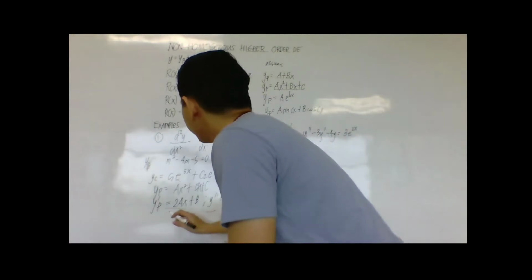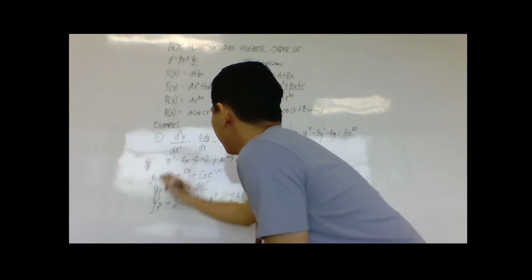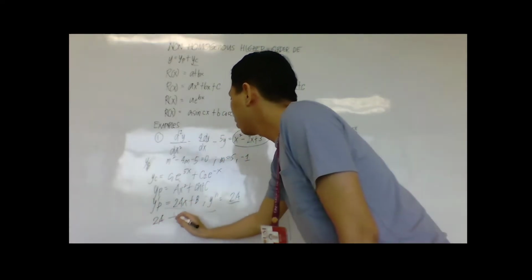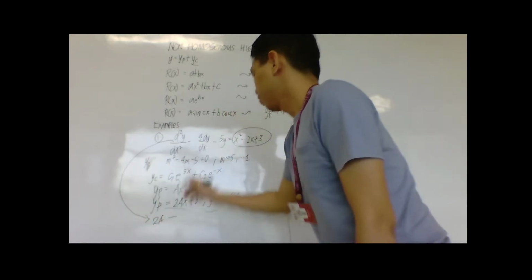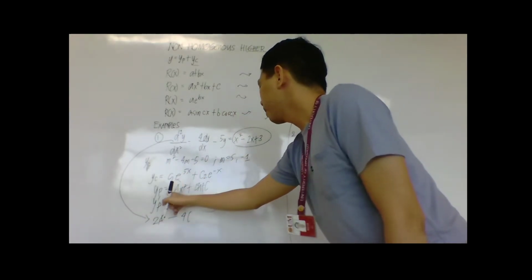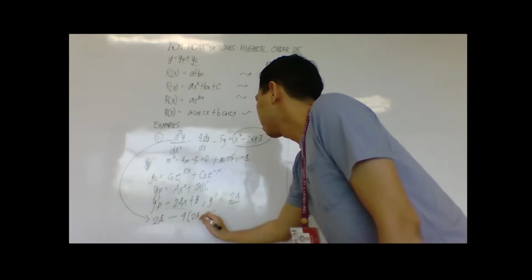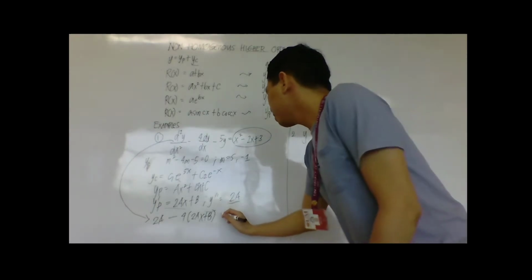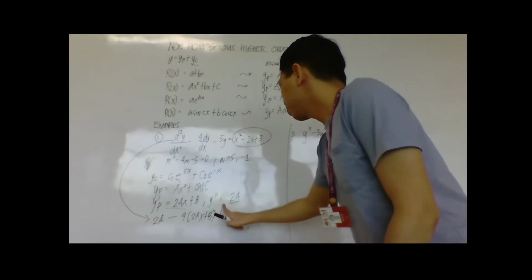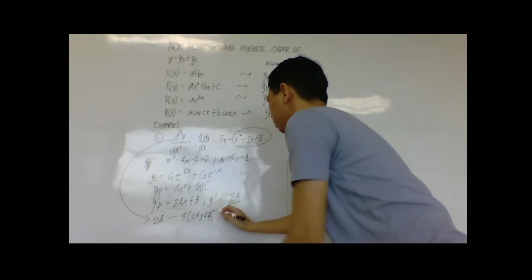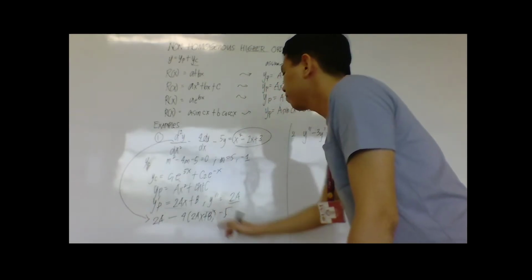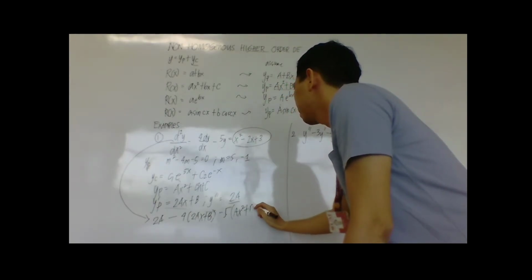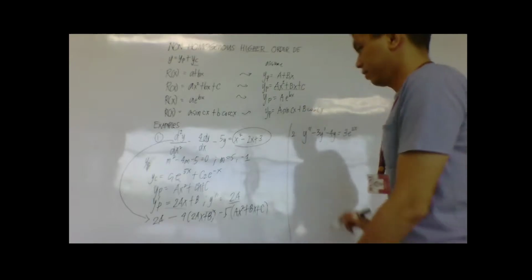So you now have the double derivative, 2a, minus 4 multiplied by the first derivative, 2ax plus b, minus 5 times y, which is ax squared plus bx plus c.